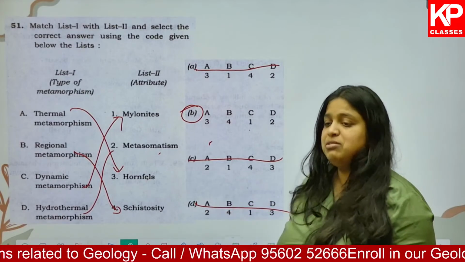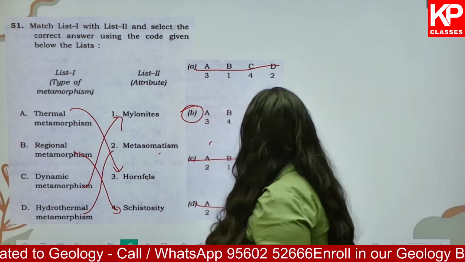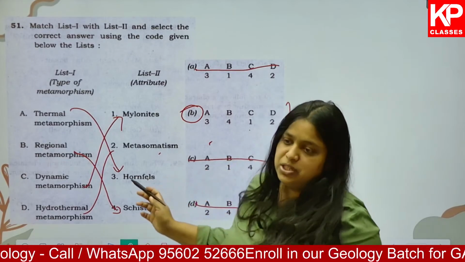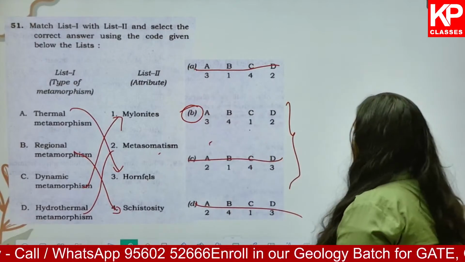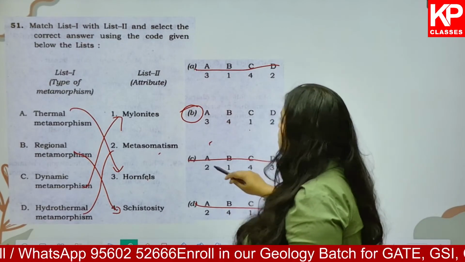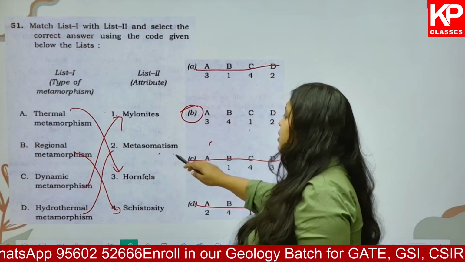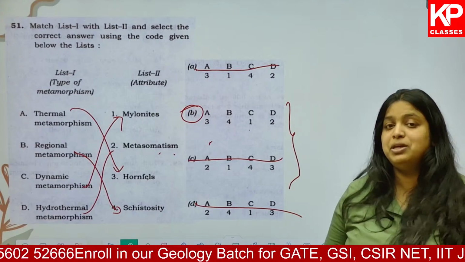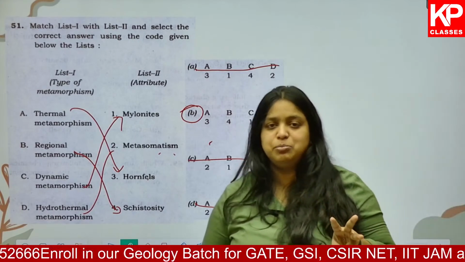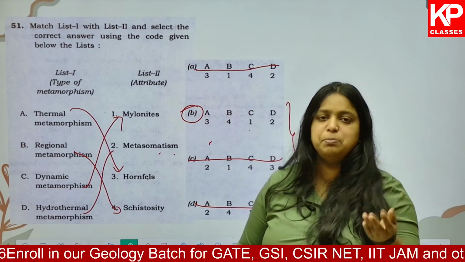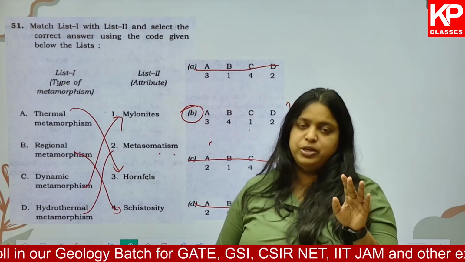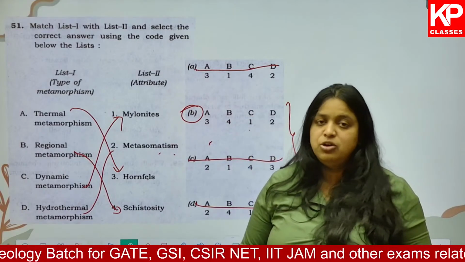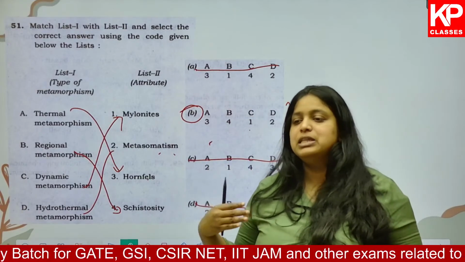Again, why will you make a mistake? See, if you are confused between these two, thermal metamorphism and metasomatism definitions are entirely different. There are three different agents in metamorphism: temperature, pressure and chemically active fluid. When metamorphism happens because of an increase or decrease in temperature, we call it thermal metamorphism.